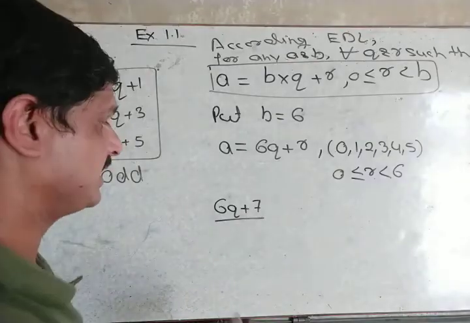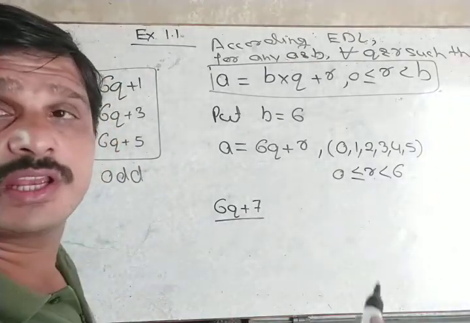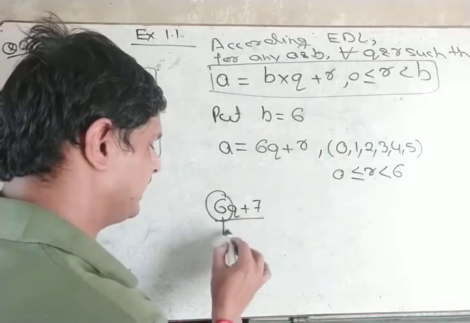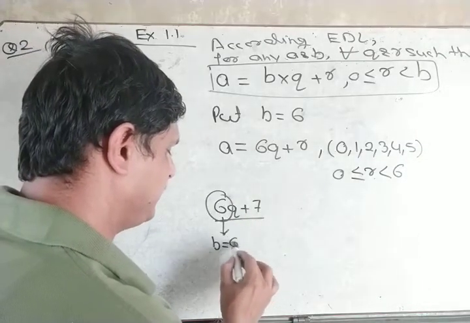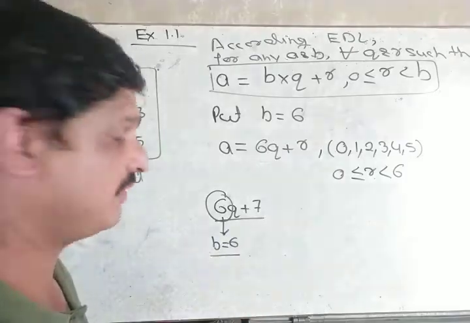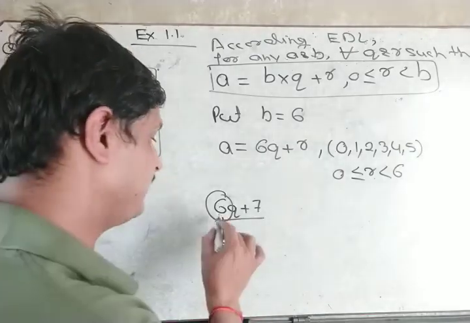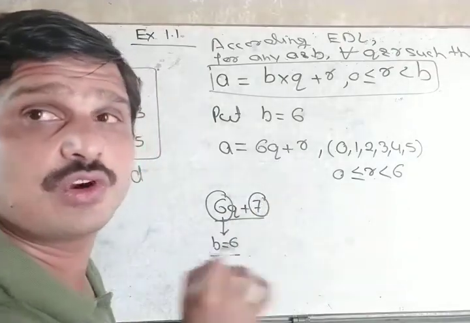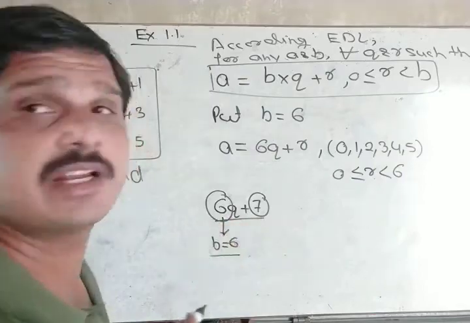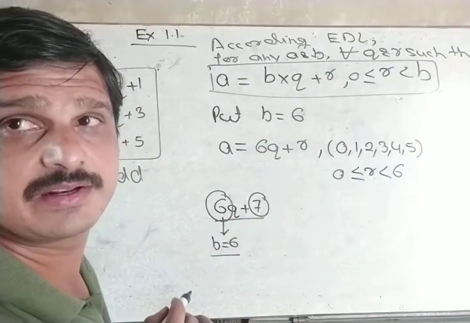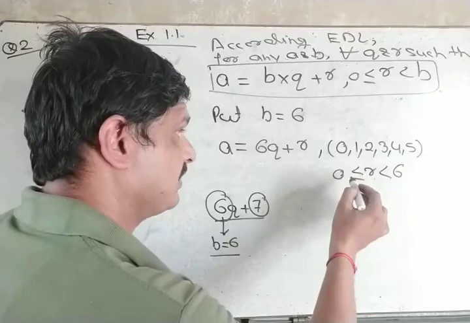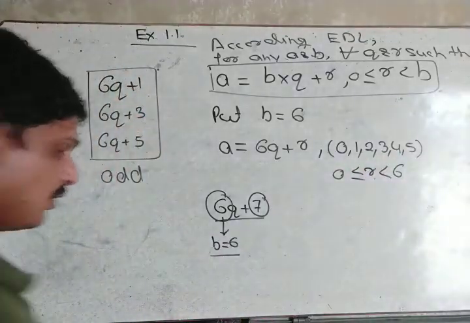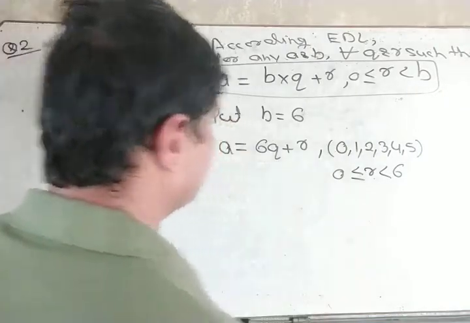Because without telling you anything, it has chosen b as 6. And if b is 6, then remainder is always less than 6. If we take 7, 7 would not be a remainder if 6 is the divisor. So remainder would be 0, 1, 2, 3, 4, 5. So this is the clue.